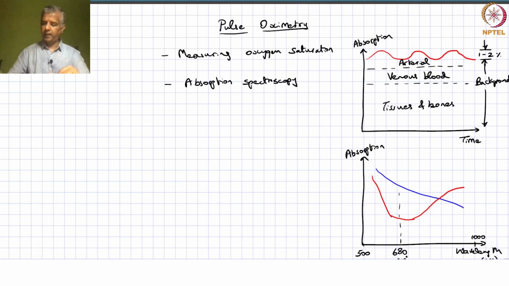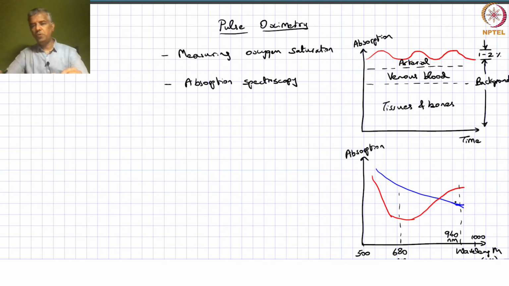And the other wavelength of interest is somewhere around here. This blue is actually a little flat over here. Okay. So this is considering a wavelength of about 940 nanometers.